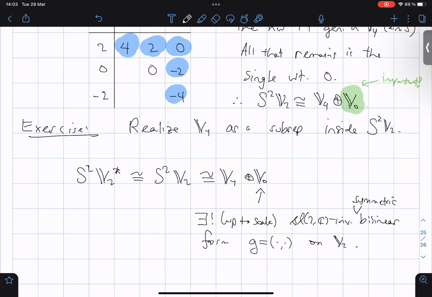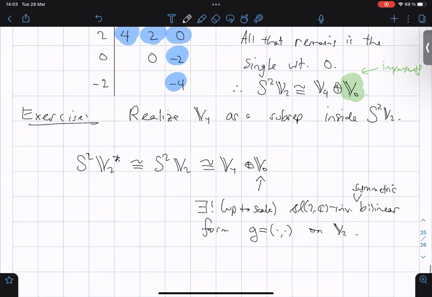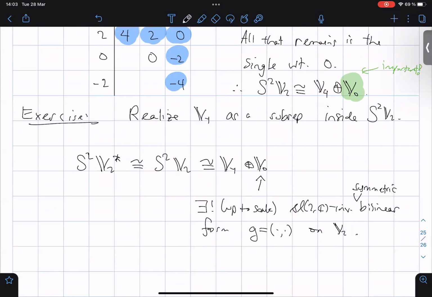That's what we're going to find after the break. These invariant tensors are important.